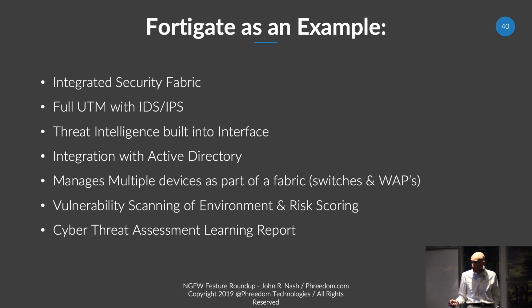So this is a screenshot of basically the menu of the Fortigate for one of our clients' environments. And I've hopefully obfuscated the name of the client here. If not, let me know. So I put red arrows here on some of the major check boxes.